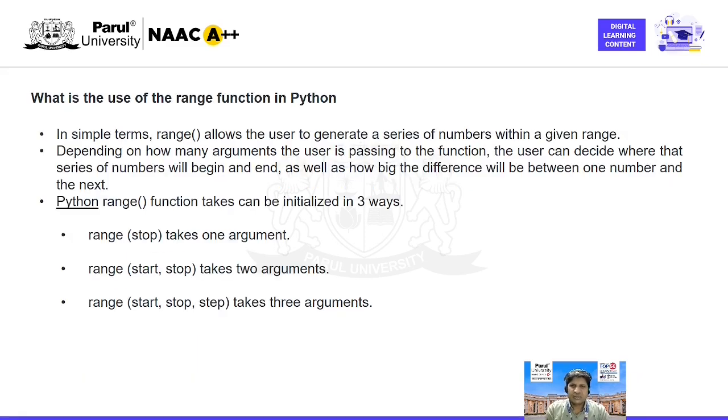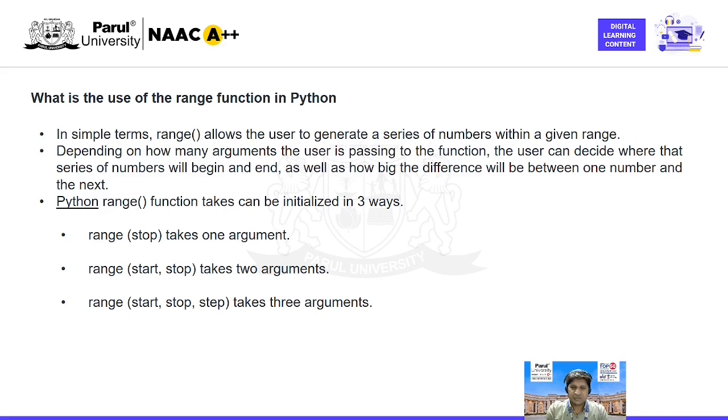What is the use of the range function in Python? Now it is a very common question in your mind. In simple terms, the range function allows the user to generate a series of numbers within a given range.